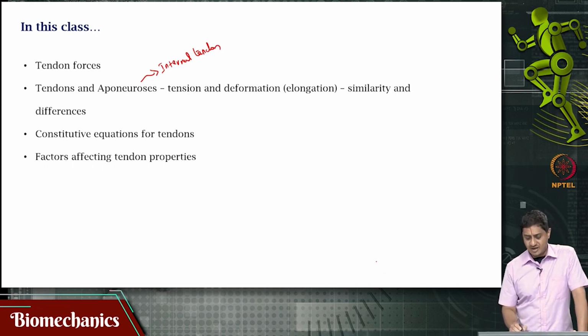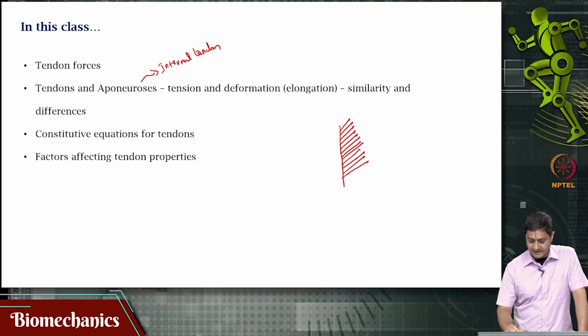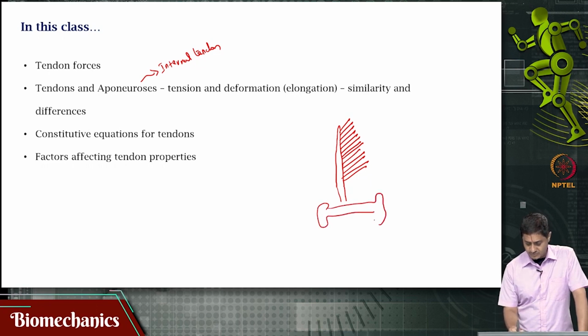Let us suppose that you have a pinnate muscle where the muscle fibers attach to the tendon at some angle. Then this part of the tendon that is connecting to the muscle fibers is called the internal tendon or aponeurosis, and then it continues on to attach to the bone.